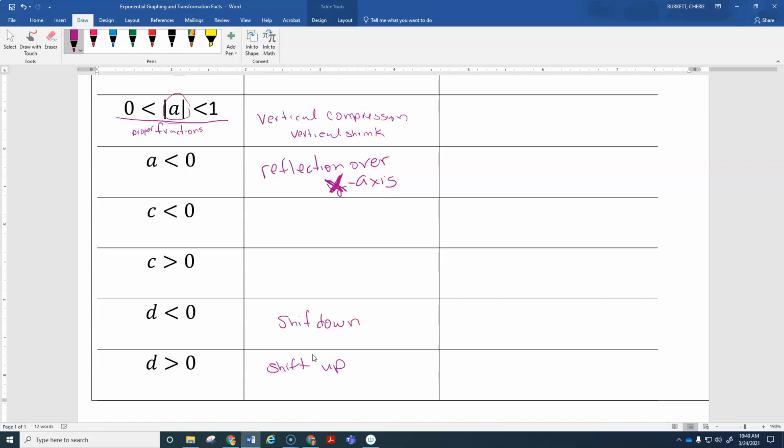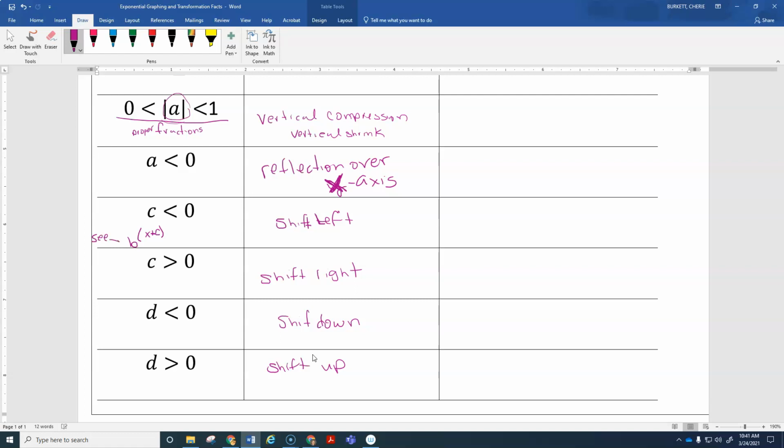When C is negative, it's a shift left. When it's positive, it's a shift right. But remember, this is the value of C. What you're going to see in the problem is an x, because if the problem has a minus sign, the formula has a minus sign, so when C is negative, you're going to see x plus C. When C is positive, that means you plugged in a positive number on top of the formula.